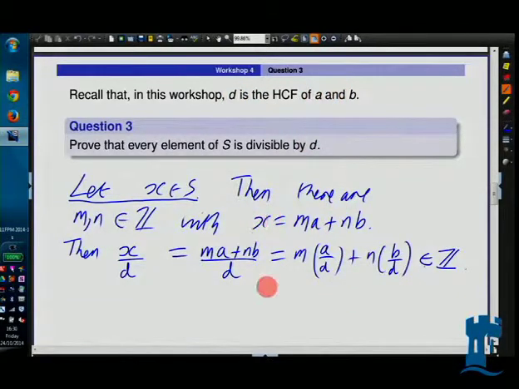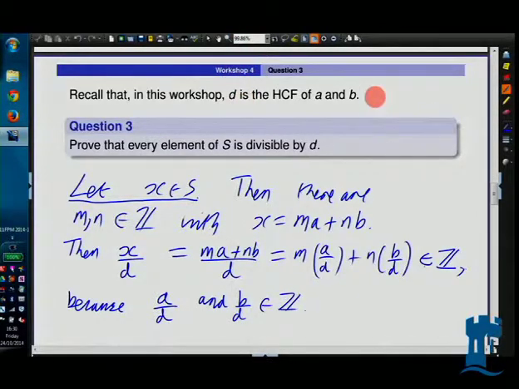D divides a. That's because a over D and b over D are integers. Why is that? That's because D is the highest common factor of a and b, and in particular, D is a common factor of a and b. So D is a very special common factor of a and b, but in particular, a is divisible by D and b is divisible by D. So that's where these come from.